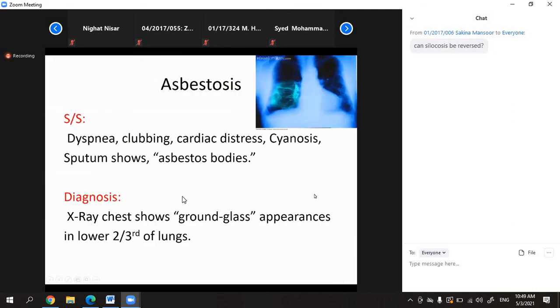In fact, all kinds of pneumoconiosis are preventable occupational disorders. The prevention can be taken at individual level, at organization level.